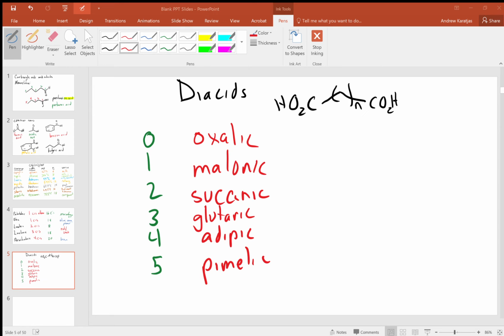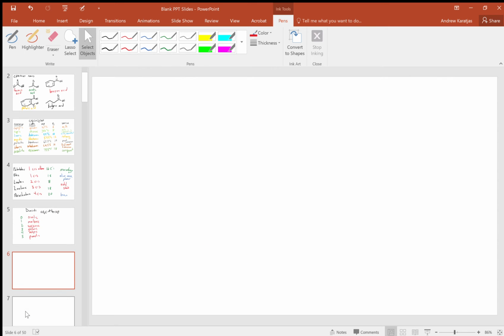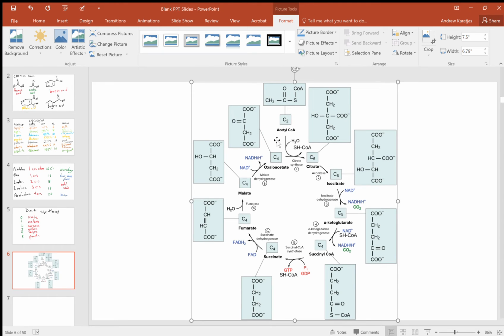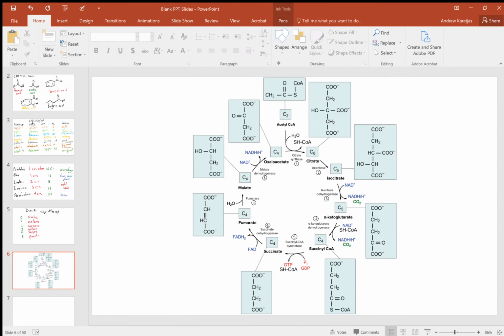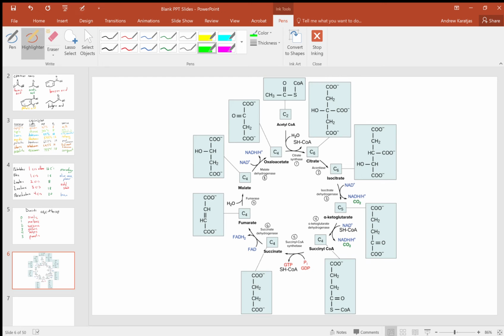But first, I want to show you at least, where are these important? Why are these important? So here, of course, is our citric acid cycle. We've seen this before. And you can see over here we have alpha ketoglutarate, which is just a derivative of glutaric acid. There's carboxylic acid groups at both ends, and then 3 carbons in the middle.